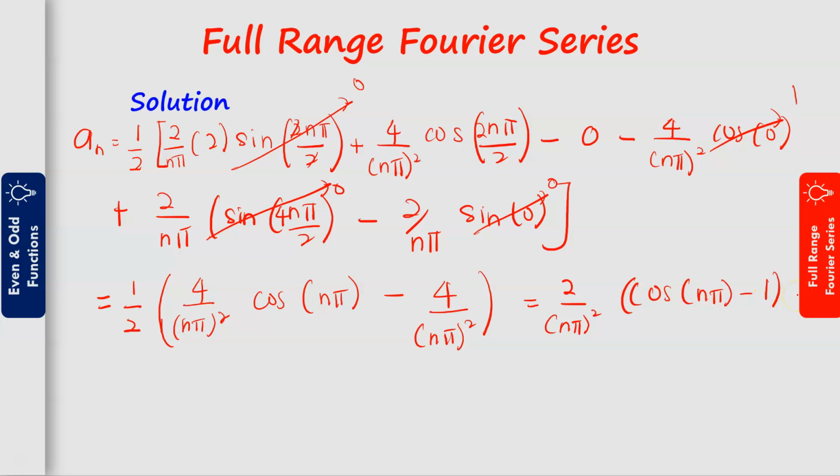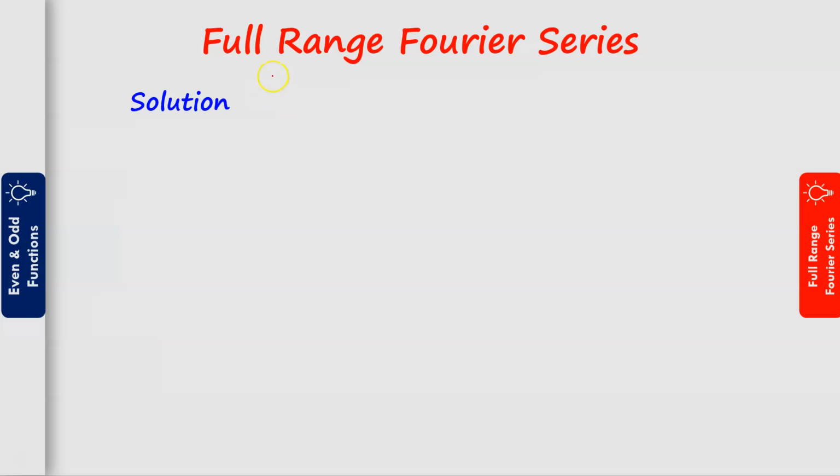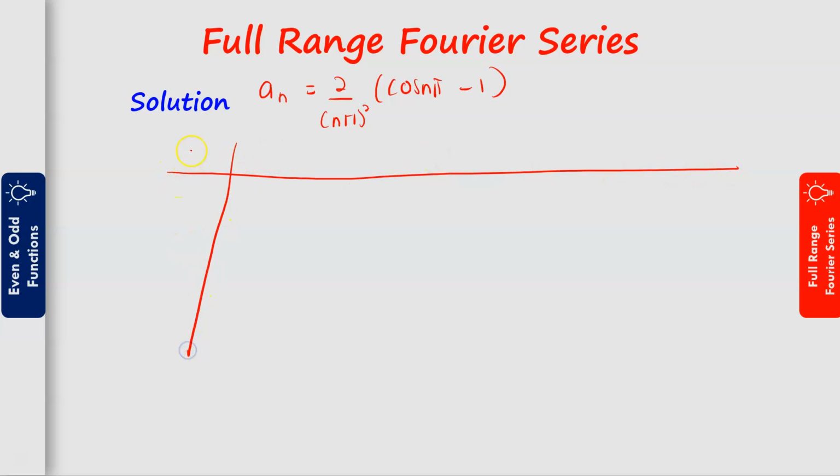And then, if you want to find the pattern of this series, you need to form a table. Previously we have a_n equal to 2 over n pi square (cos n pi minus 1). So when I form a table, I have here n, which is 1, 2, 3, 4, 5, and so on, and then the a_n term here, you can write the answer for each n.